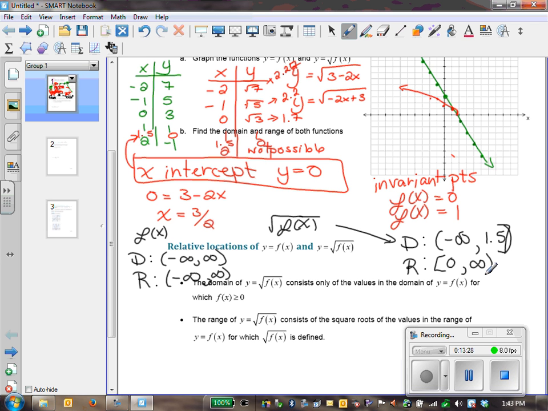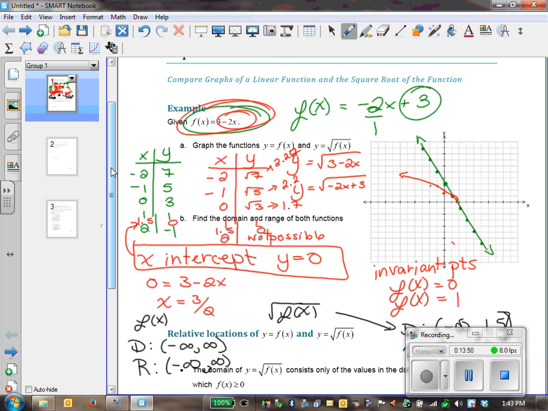Okay, look at it right here. Relative locations. The domain of the root of f of x consists only of the values in the domain of f of x where f of x values are greater or equal to 0. Make sense? Yeah, it does.